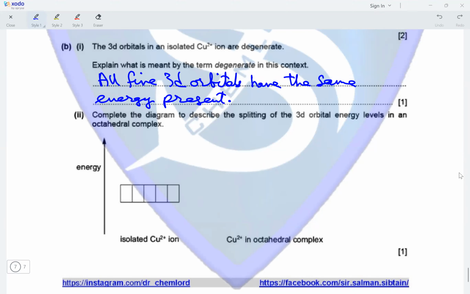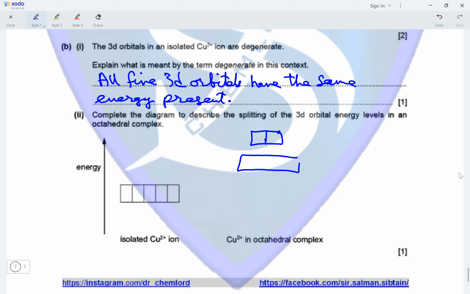Complete the diagram to describe the splitting of the 3d orbital energy levels in an octahedral complex. So here we would have a split with two orbitals in the higher set and three orbitals in the lower set.